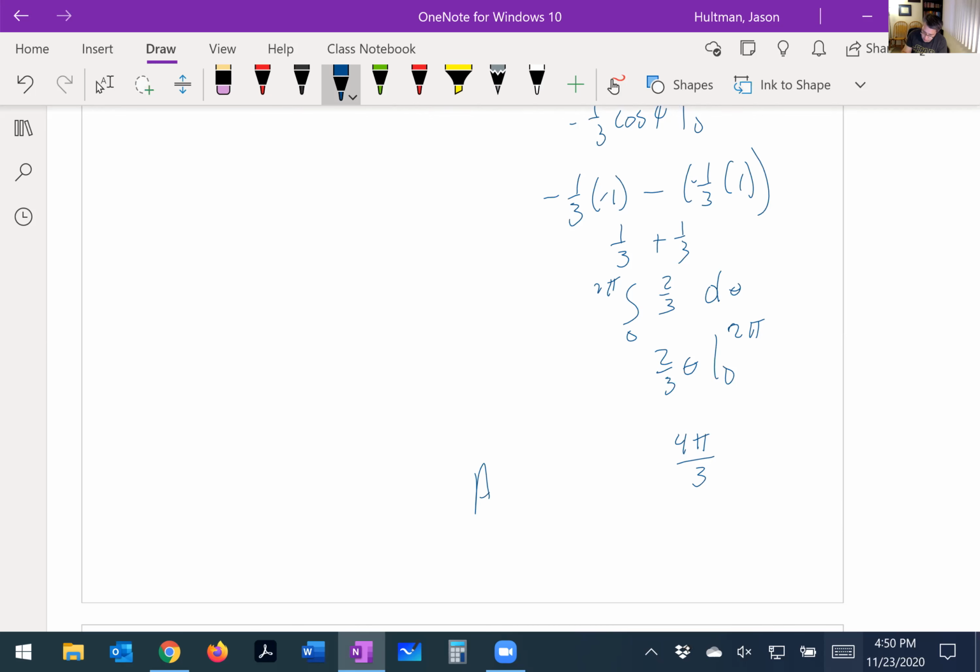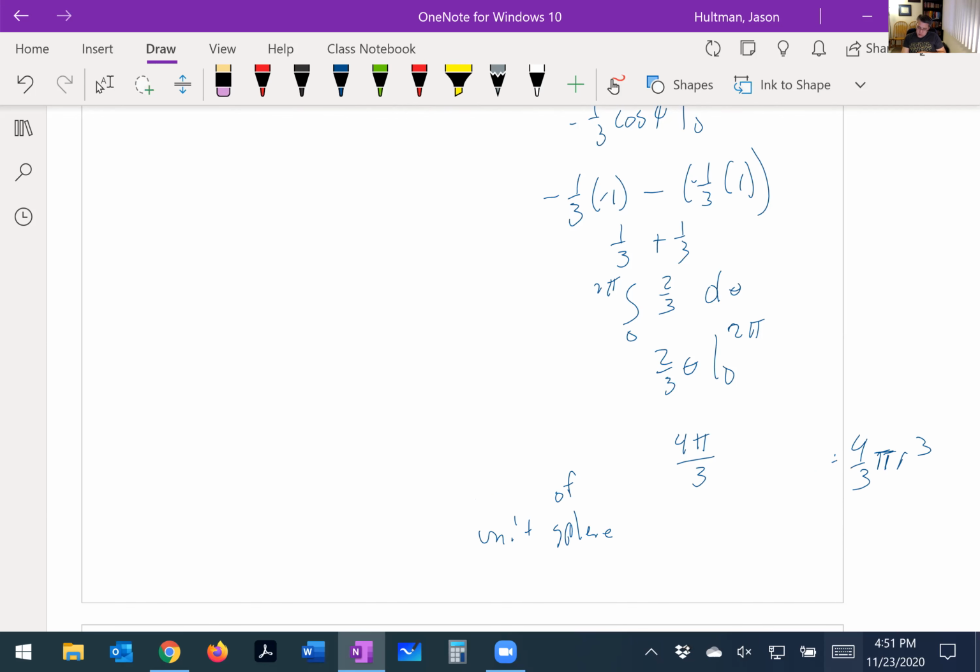Which is the volume of the unit sphere. I already knew that, right? Because the volume of a sphere is 4/3 pi r cubed, and r in this case was 1. So I didn't really have to do this. It was kind of nice to do it in spherical coordinates, but I didn't really have to. I know I was saying area, but this is volume.